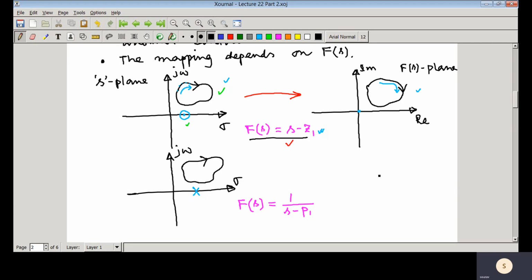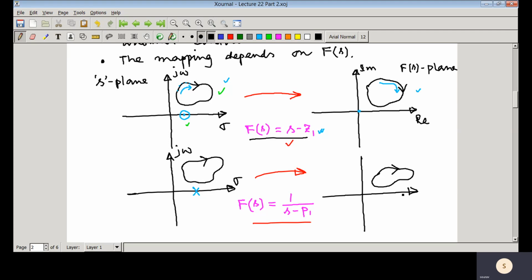If we map it via this particular function, the contour will be along the same direction.